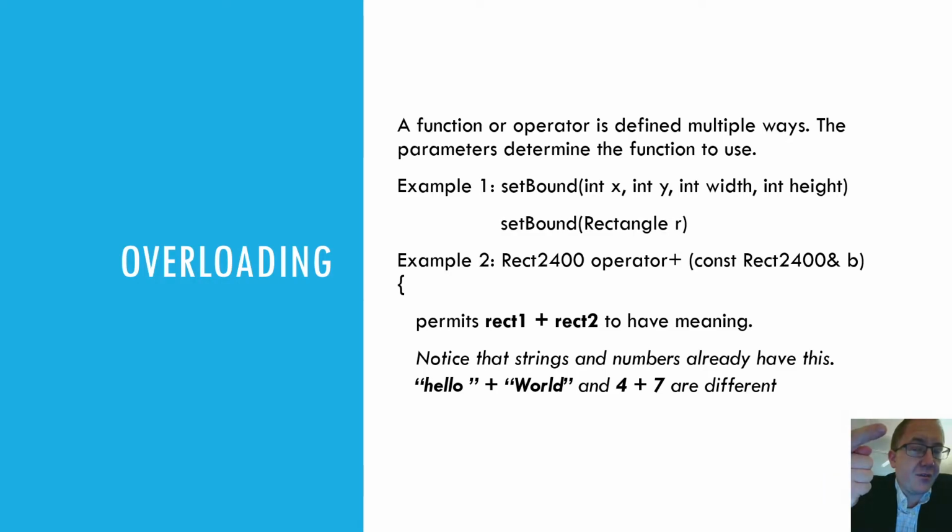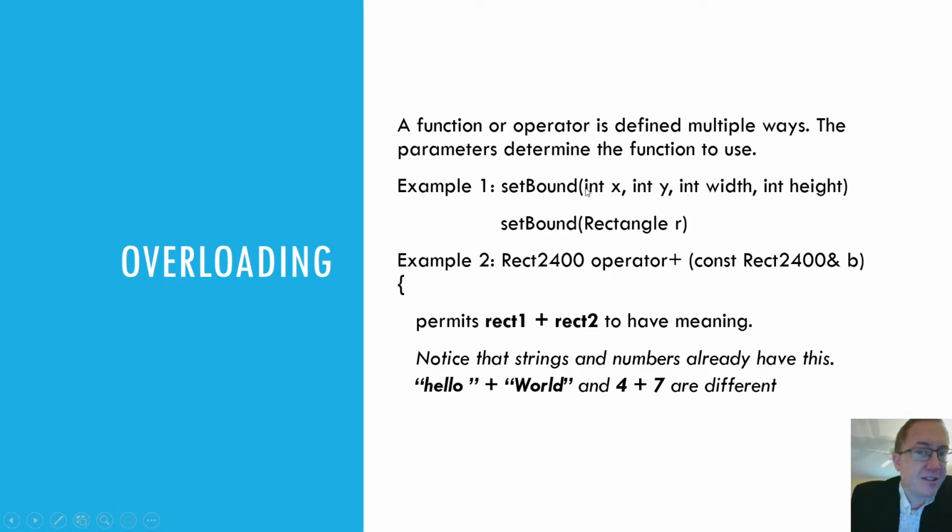Once with these 4 parameters, once with a rectangle data structure instead, or rectangle class, I guess. And which one do you call? Well, if you call setBound with 4 numbers, you're calling that one. If you call setBound with one value and it's a rectangle object or a rectangle structure, then it calls this one.